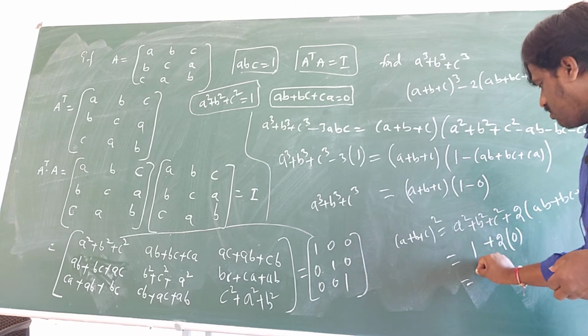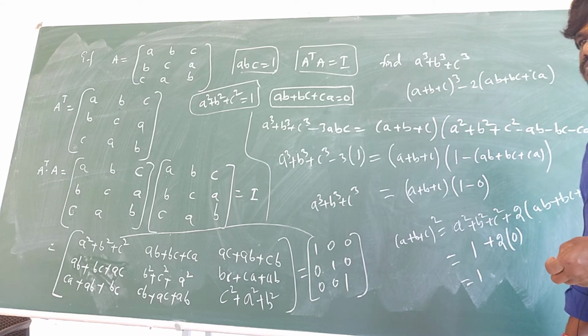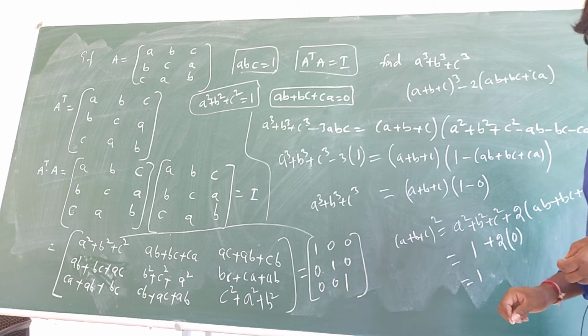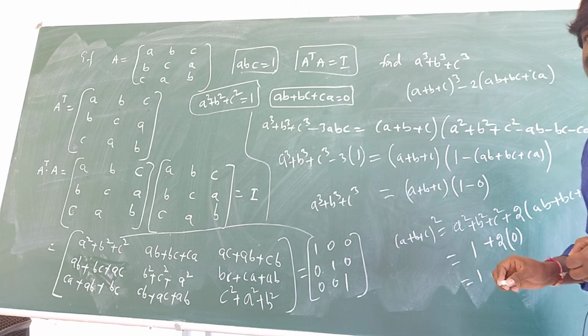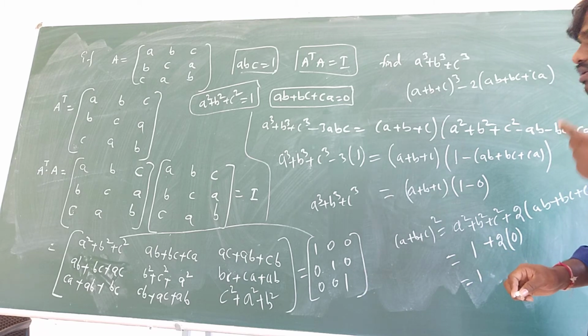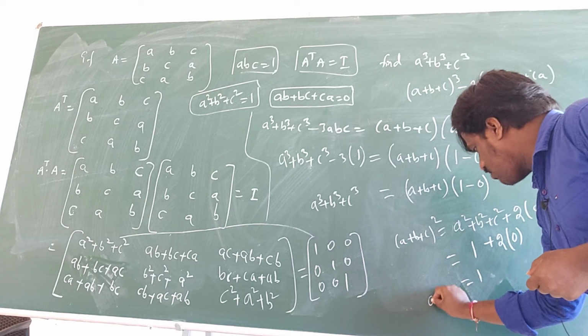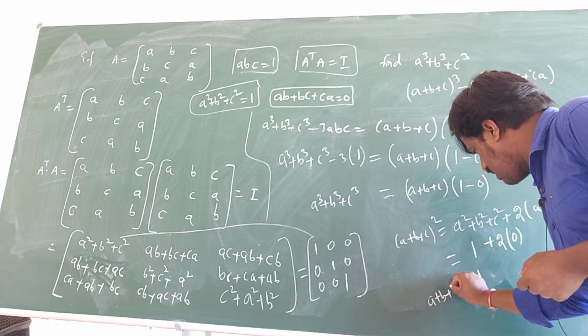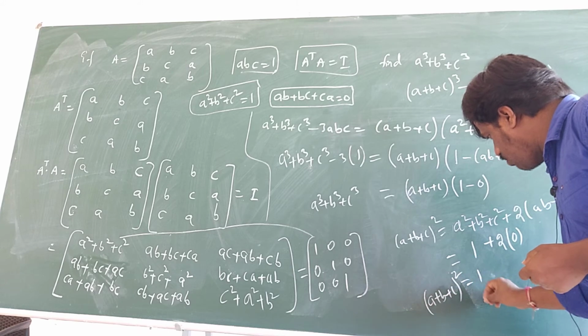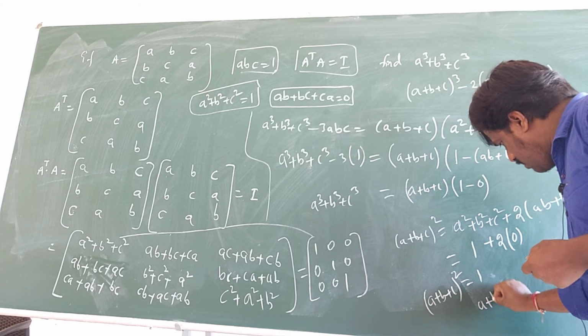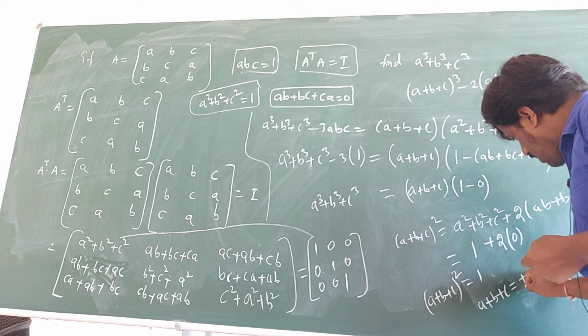So this value is 1. (A + B + C)² = 1, so A + B + C = ±1, you can take it.